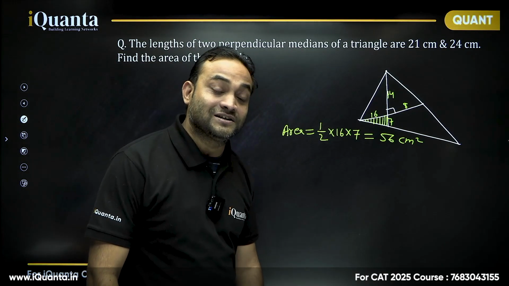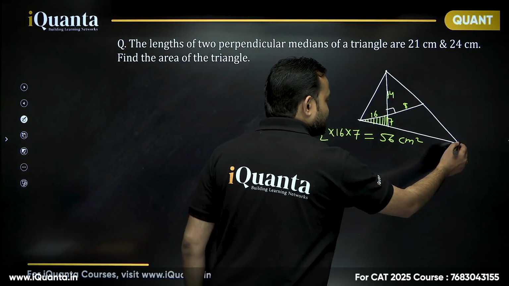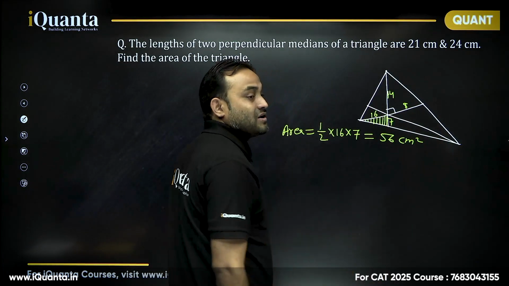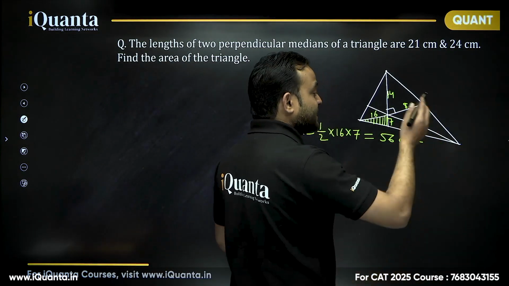And what did we learn related to medians? That if we draw all the 6 medians, then the centroid and the medians divide this triangle into 6 equal areas.